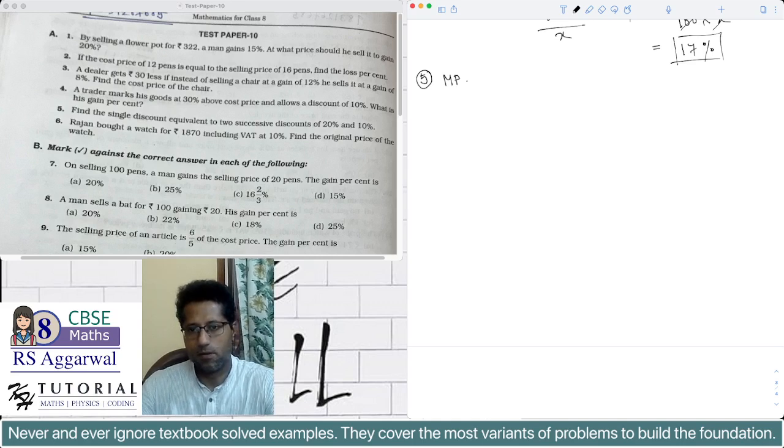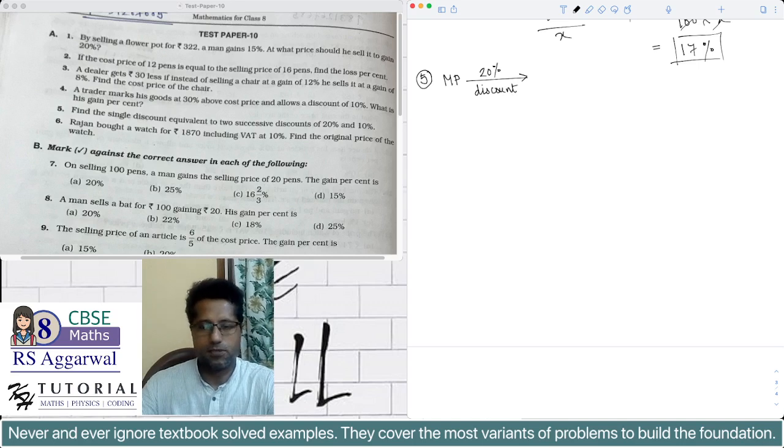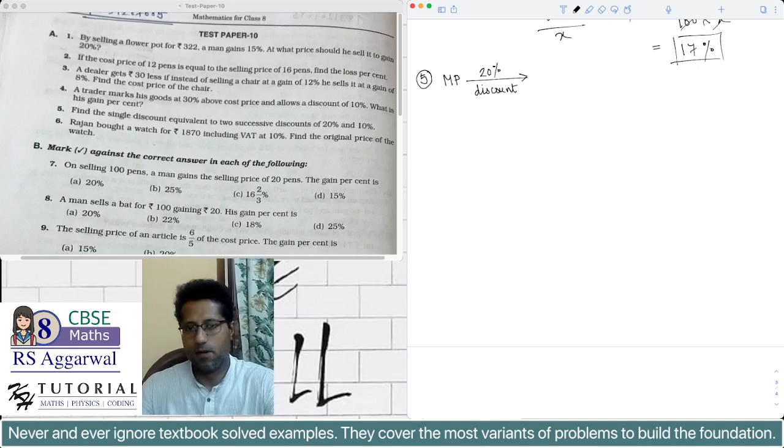So let's say from the mark price, we are having first a 20% discount. Let's say the reduced price becomes Q, and from Q again there is a discount of 10%, and finally we are having the selling price.